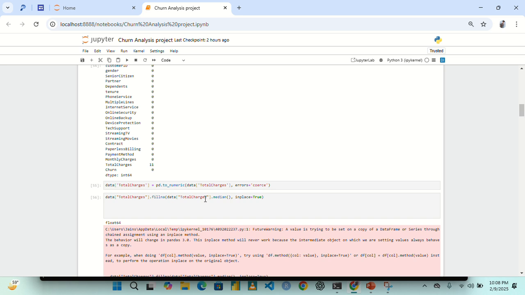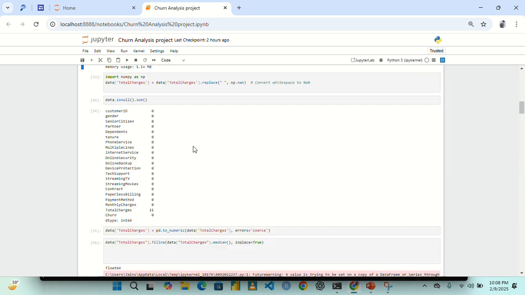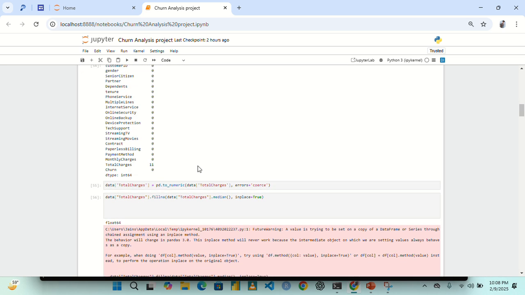Then I change the data type. In the total charges column, it shows object, whereas in my dataset it is numerical. So I convert the data type into numeric by using pd.to_numeric. After that, I have NaN values in total charges.